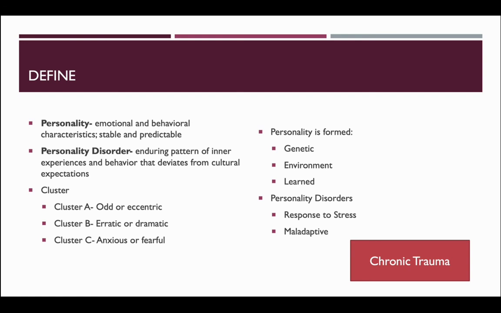And if we're thinking about Erikson stages, remember that when we are not achieving each stage successfully, we can have maladaptive behaviors, and we'll talk more about that momentarily. So personality disorders are classified in clusters. Cluster A, odd or eccentric. Cluster B, erratic or dramatic. Cluster C, anxious or fearful.